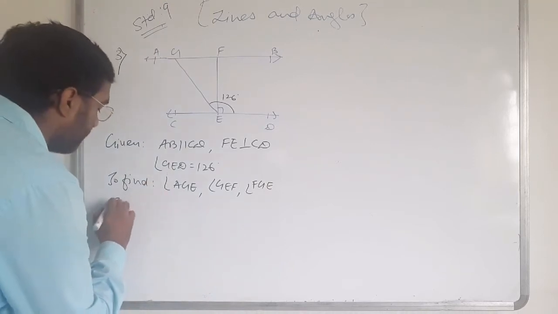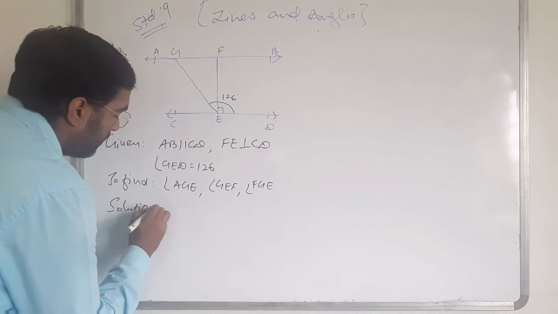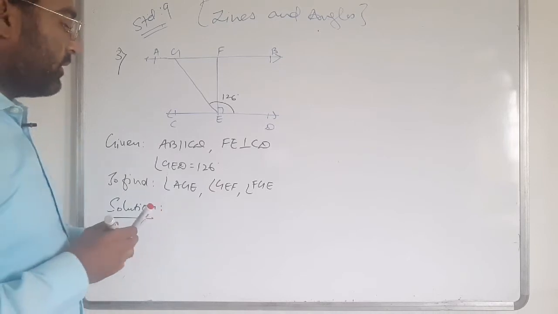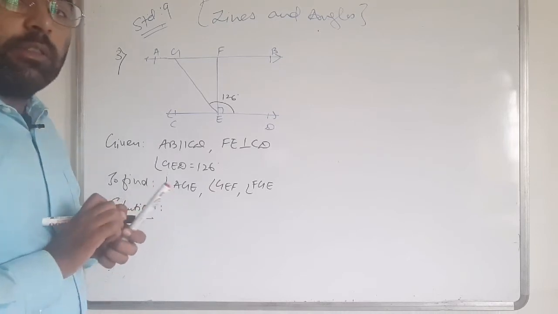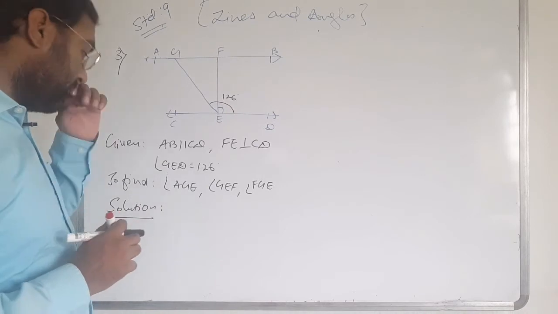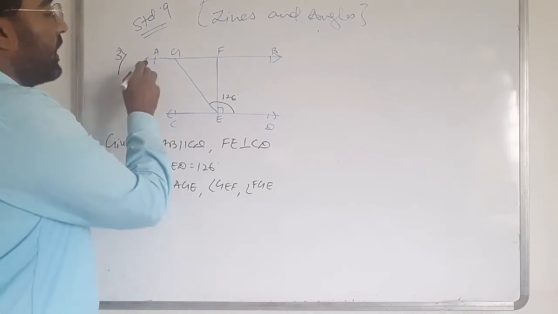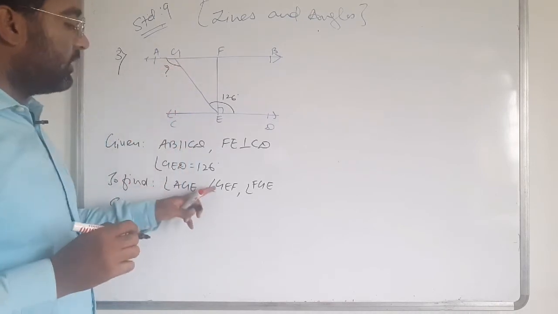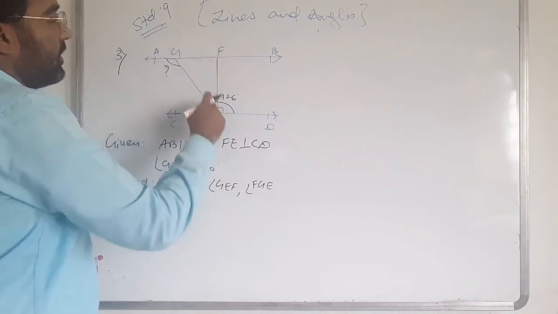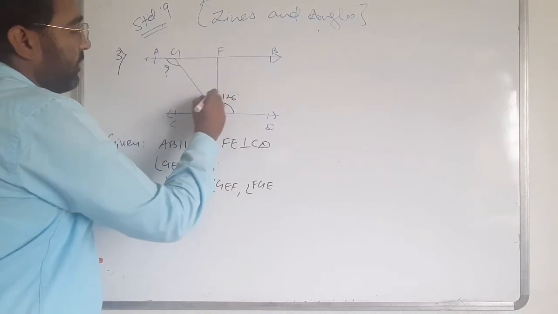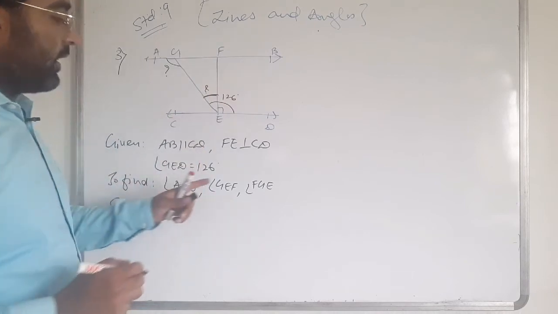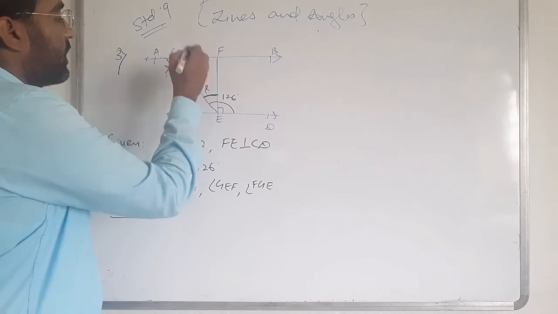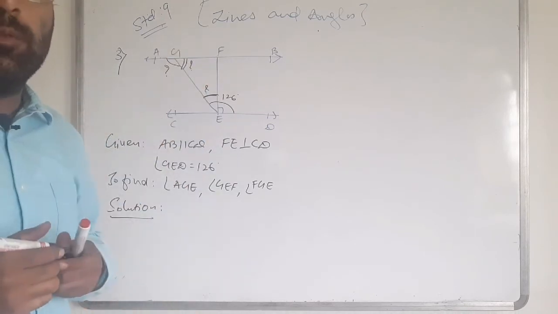So let's start. To find these three angles, first I'll note down which angles we want. AGE, this angle. Second, GEF, this part of angle. And FGE, this part of angle. These three angles we have to find.